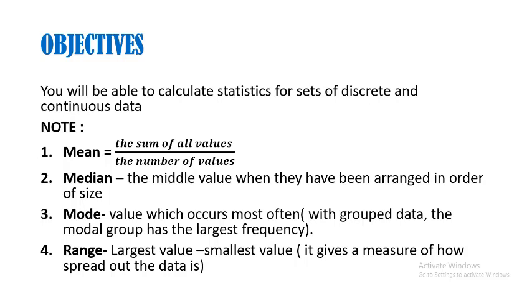To find the mean, we need to divide the sum of all values by the number of values. That means we will be given a set of data. So for us to find the mean, we'll add all the values to find the sum and then divide by the number of values.